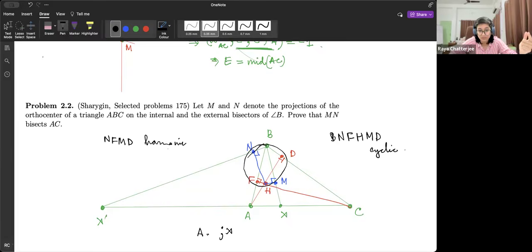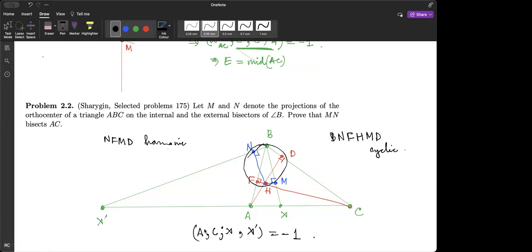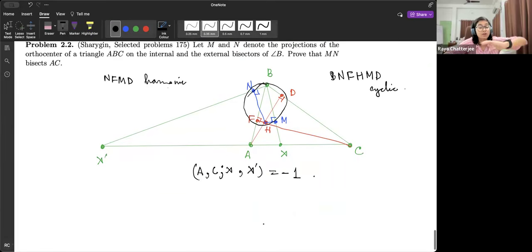Always follow the order, because that's going to cost you your entire marks. So this is harmonic, which is essentially what we want to prove, and this is true by our angle bisector thing.